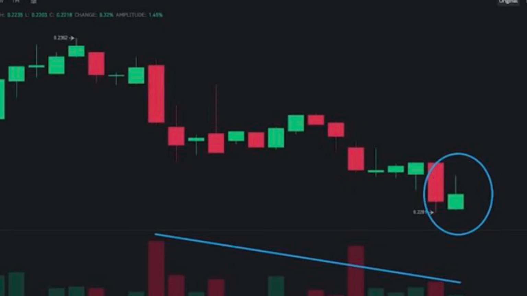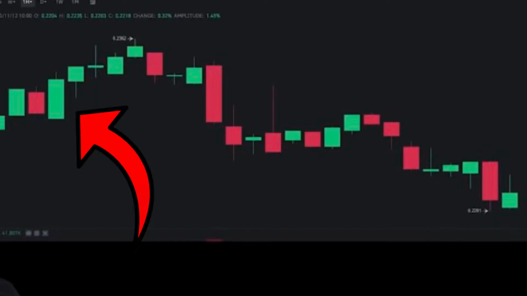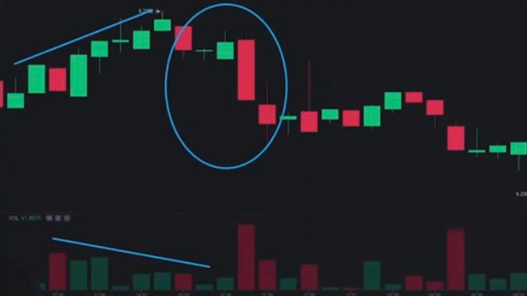It's the same for the upside. You may be thinking, oh my God, the upside is going crazy. The stock is only going up, green, everything's great, the bulls are in power. But what you're not seeing is that the volume is actually dying down while the stock is going up. The more the volume dies down, the more chance for the bears and the bulls to swap who is in power.